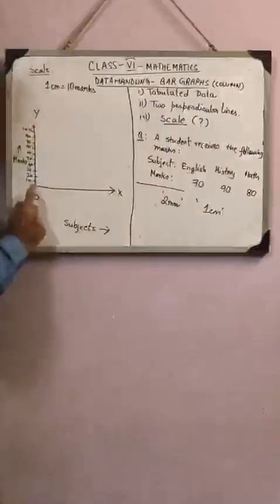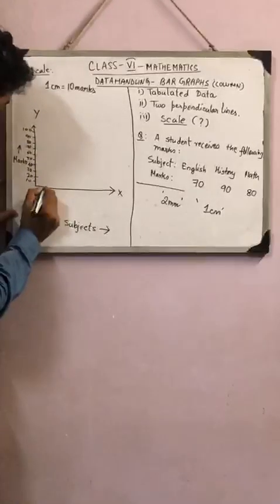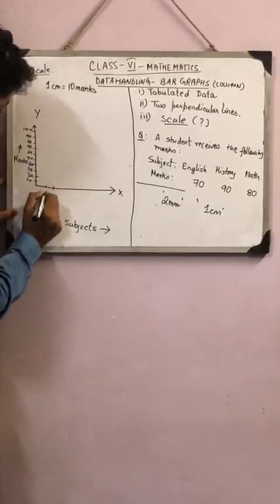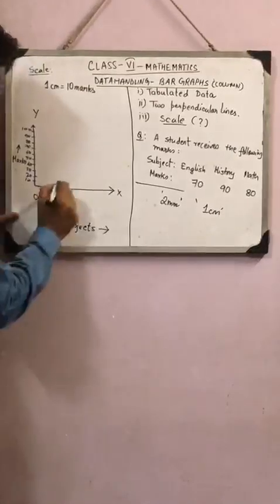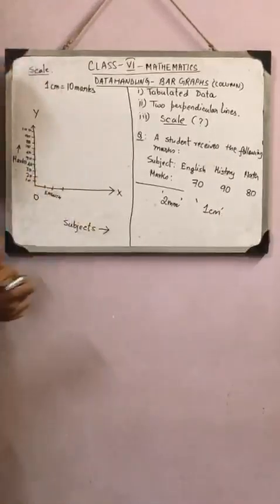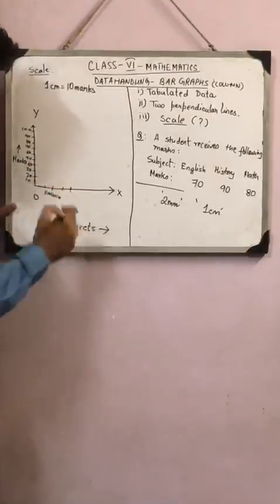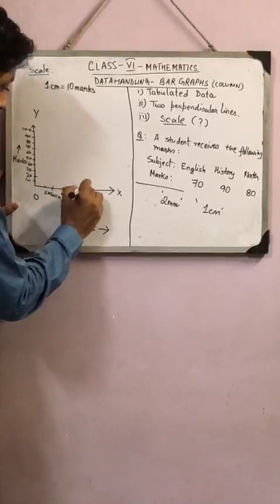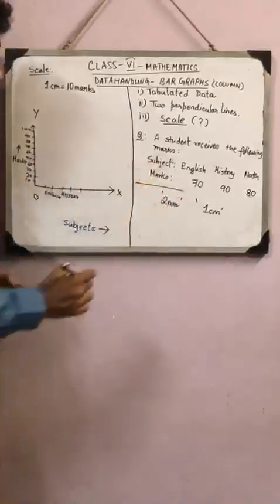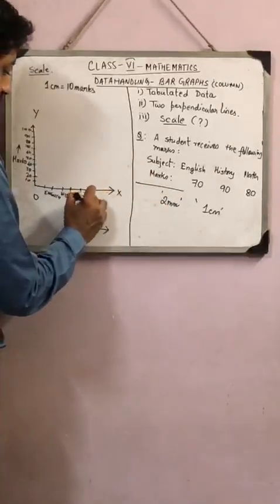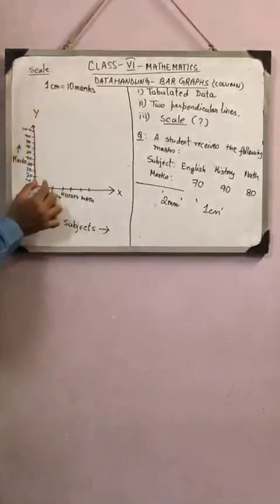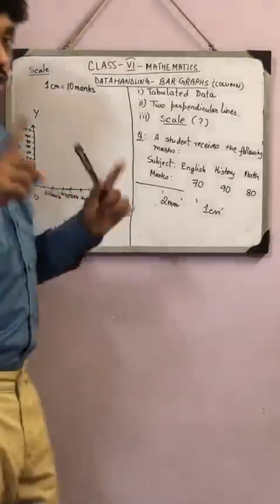Starting from 0, count 10 spaces and place the first subject, then go 10 places and end the first subject, which is English. Again go 10 spaces and start the second subject, and go 10 spaces and end it, which is history. Again go 10 spaces and start the third subject, and go 10 spaces and end it, called math. Now, these areas will represent the blocks.